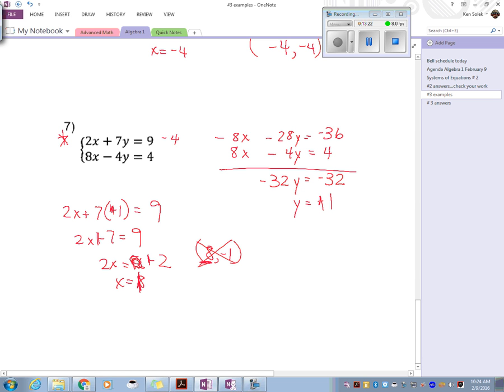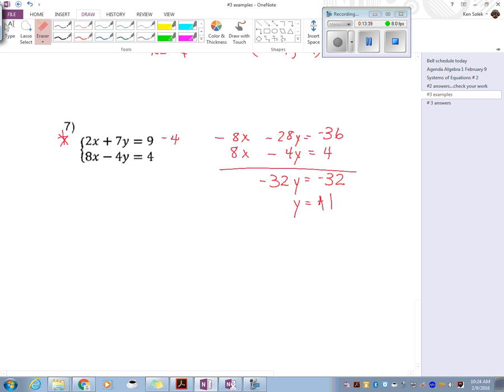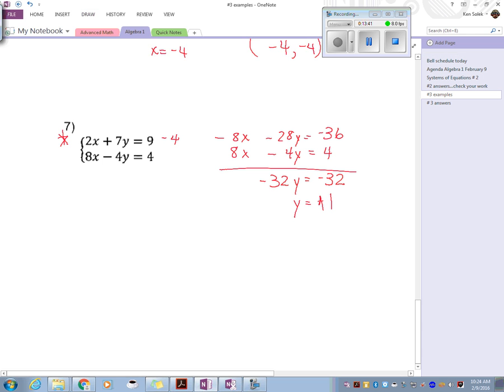Okay, let's go through that again. Let's change that up. Here was the problem. We had a negative and we needed a positive. So if we go back and plug in the positive 1 and not the negative 1, I wanted to show you the reason we check our answers. So y was 1. So 2x plus 7 times 1, not negative 1. We got negative 1 when we did that first, okay?